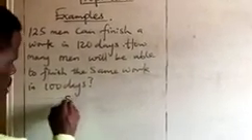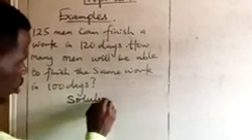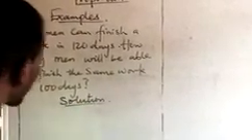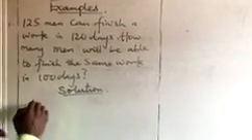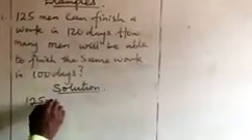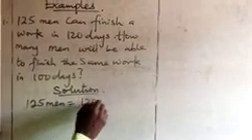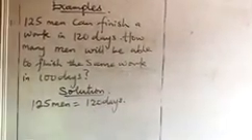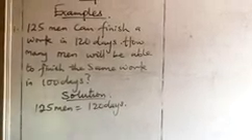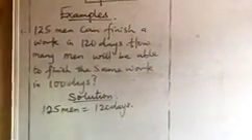Solution. Here the question says that 125 men can finish a job in 120 days. The first thing you look for here is how many men will be able to finish the same work in a day.